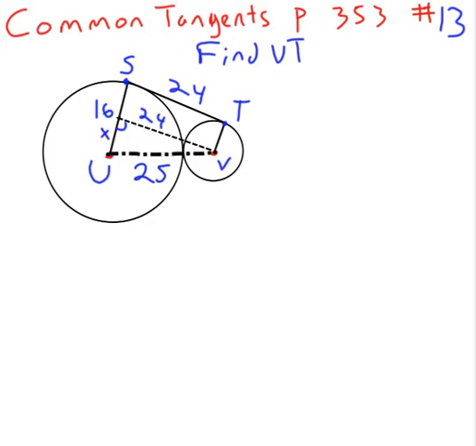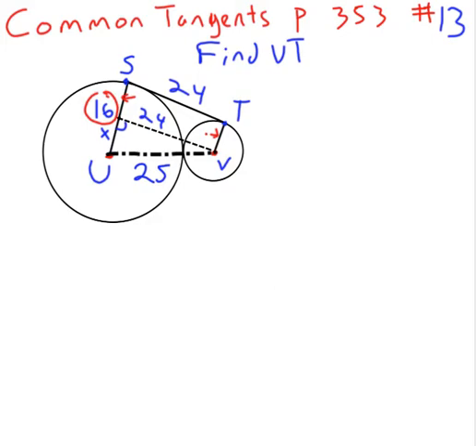If we found that small leg, we could subtract it from 16, and that would be this measure right here, this little piece, and that would equal the radius VT. But there is a much, much simpler way to do this.